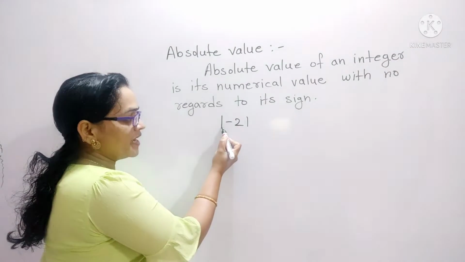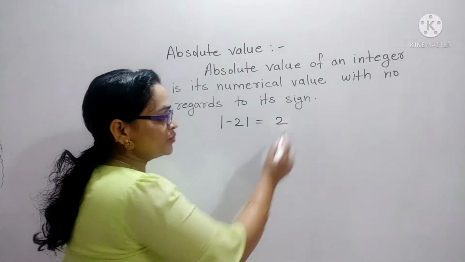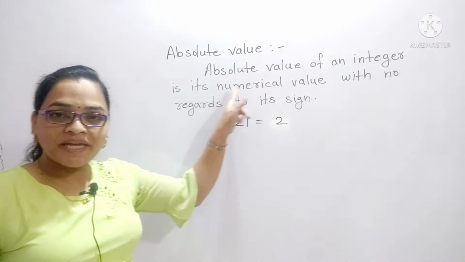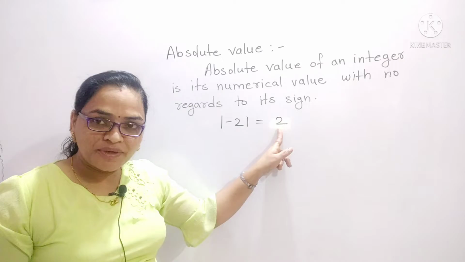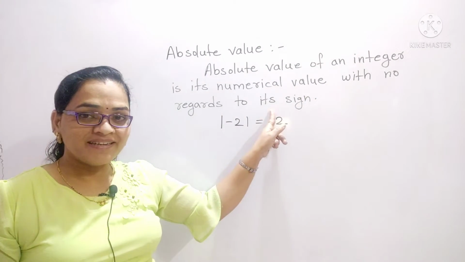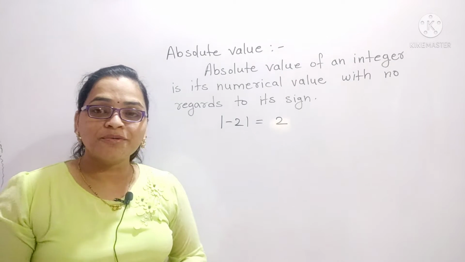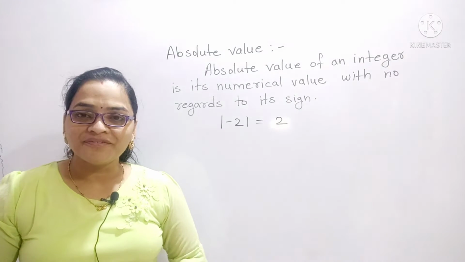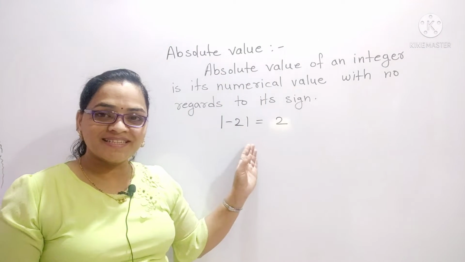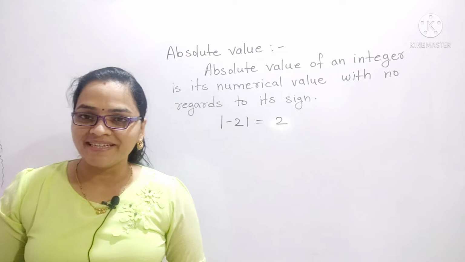Then here my absolute value of -2 is equal to 2. Means only numerical value with no regard to its sign. Here sign is not important, we just have to consider the numerical value. Why have we discussed this? Because this is very important while doing the multiplication of integers.